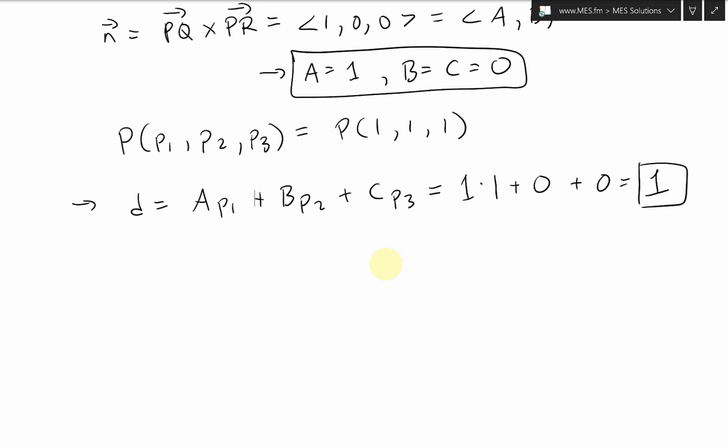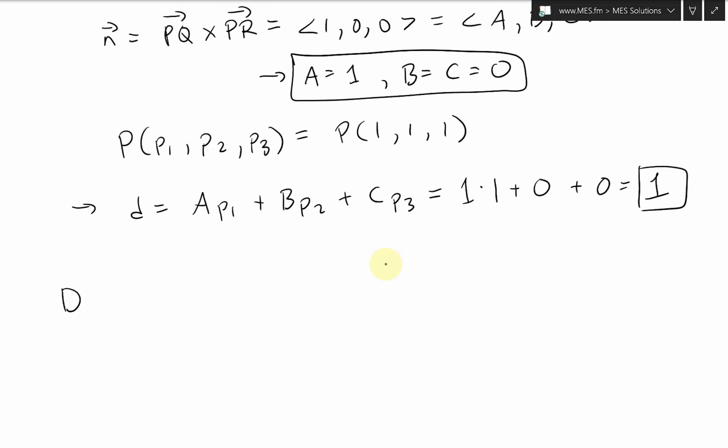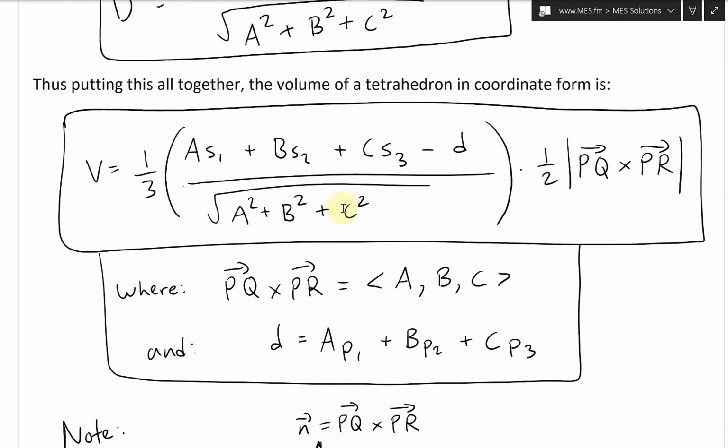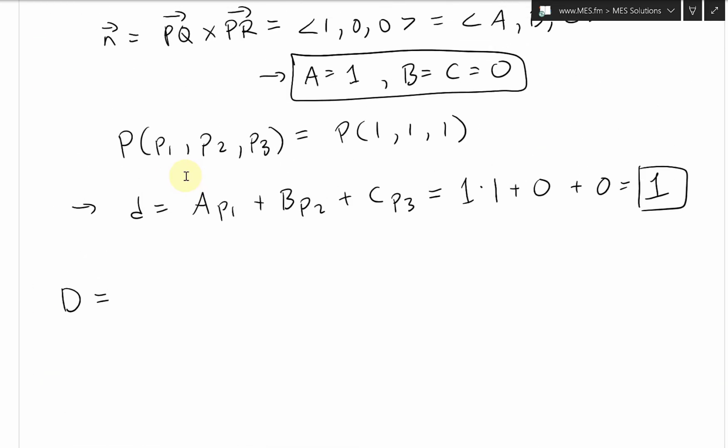So D is equal to 1. In other words, we'll have this right here, the distance D is equal to this whole part right here, and we already know what D is. So let's write that all down.